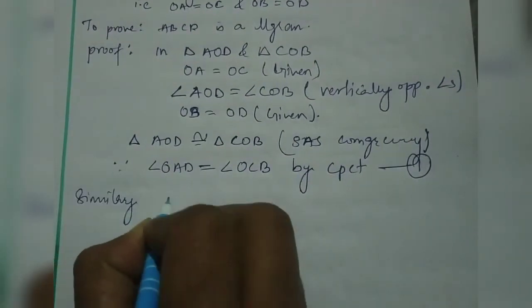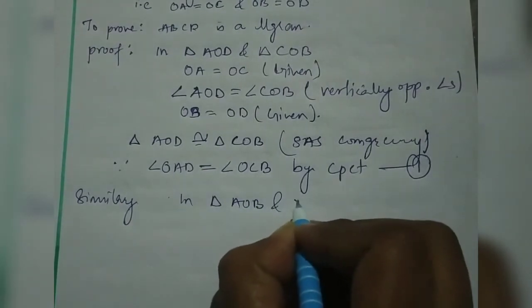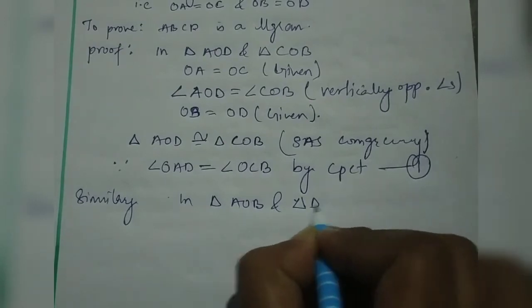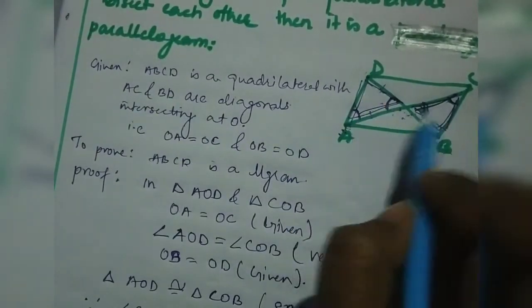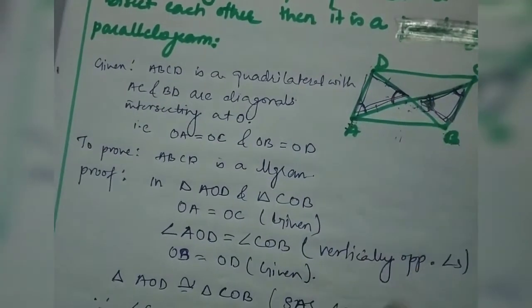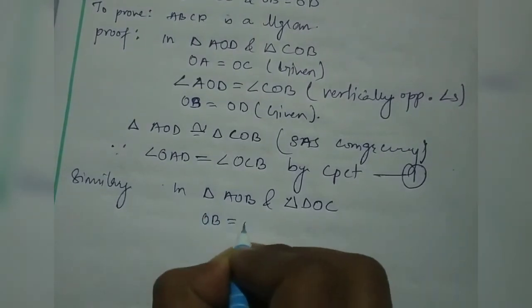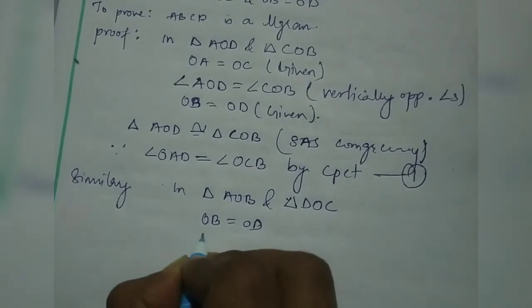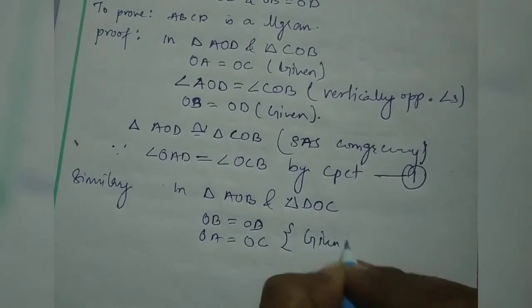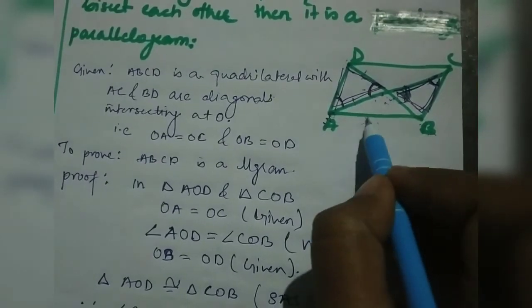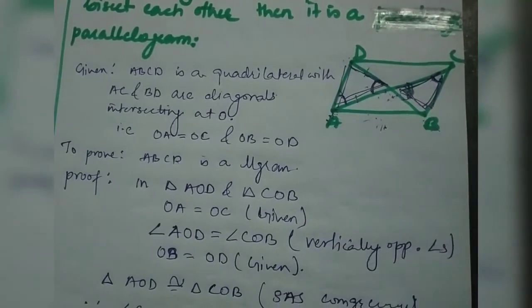Similarly, we can prove in triangle AOB and triangle DOC, we have already been given that OB equals OD and OA equals OC.